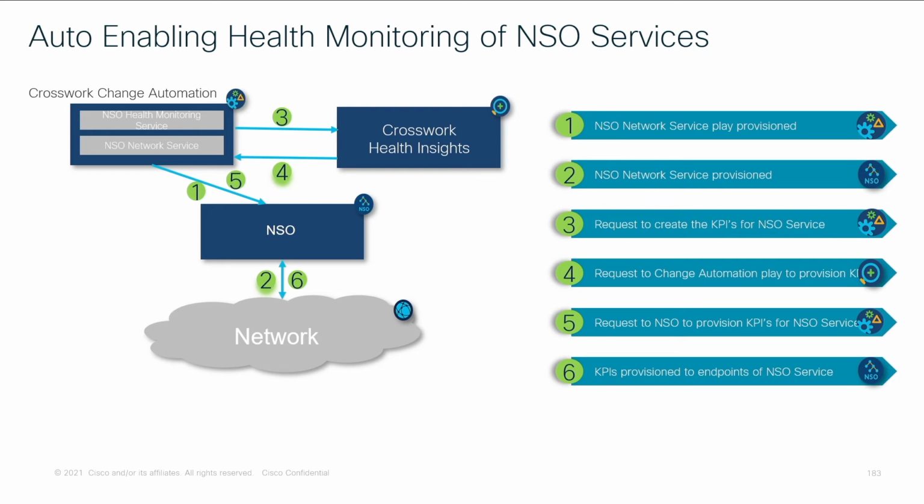It builds the KPI list, and then makes a call to Crosswork Health Insights and says, create a KPI profile with these KPIs and enable them on the same endpoints of the layer 3 VPN. Change automation then calls NSO and says, enable the KPIs on the endpoints. From that point onwards, health monitoring of your NSO service is started.